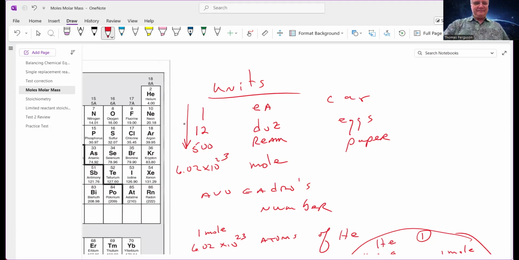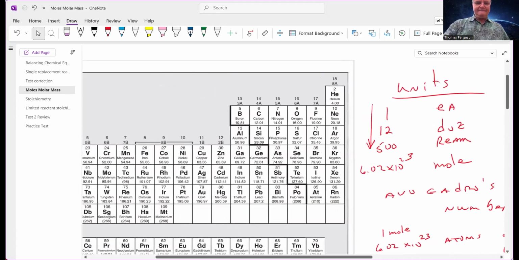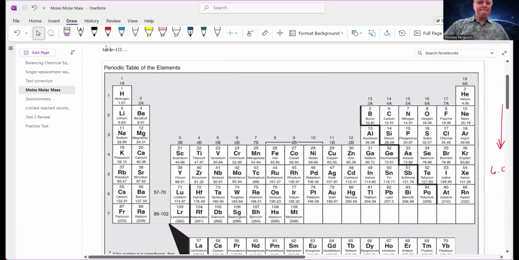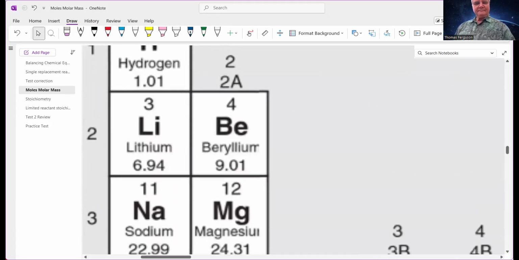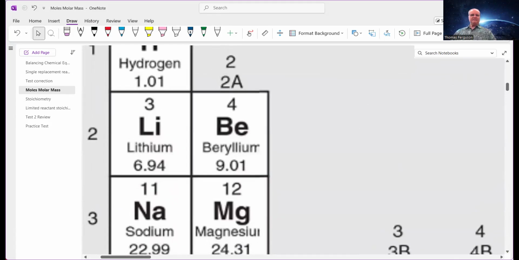Okay, so let's look at beryllium. Beryllium has 4 protons, 4 electrons, and on the average, 5 neutrons. So we're going to be working with the decimal numbers now. If we took beryllium, standard old beryllium, we mined it, we refined it, and put it on the scale.